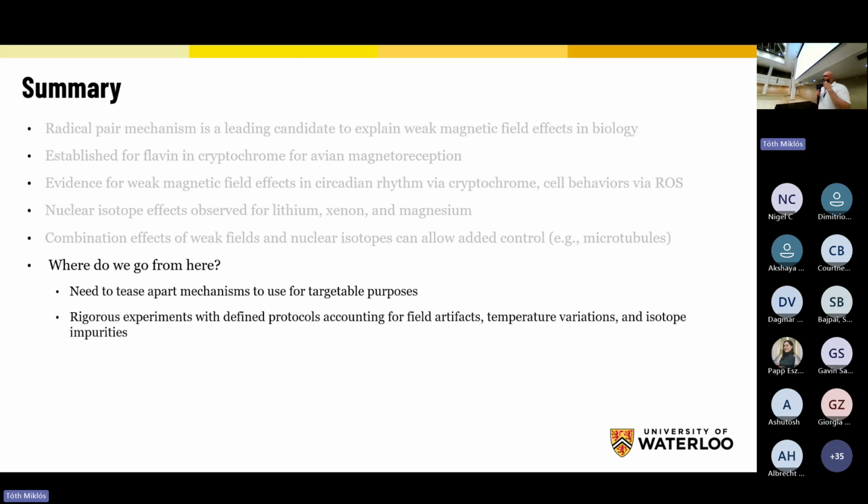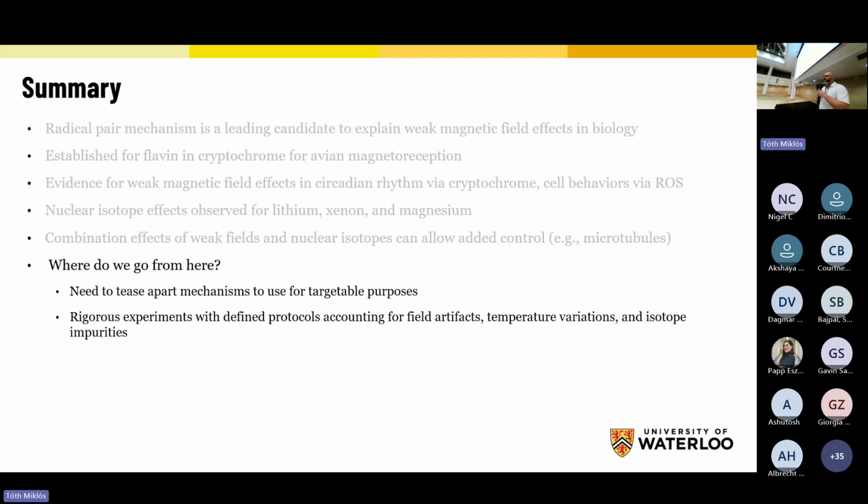And then again, I'm going to just leave on this note. In this area specifically, there are so many different things that can affect your setup that you're going to want to make sure you're accounting for everything. One, we should have defined protocols whenever we're trying to do experiments, such that they can be shared between labs and reproduce effects, or ensure that they are not reproducible based on identical protocols.